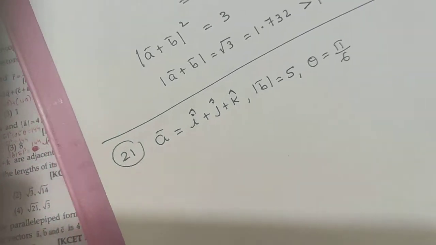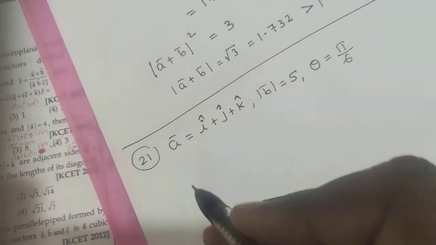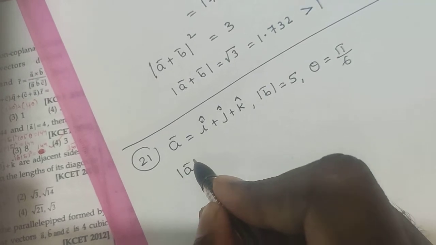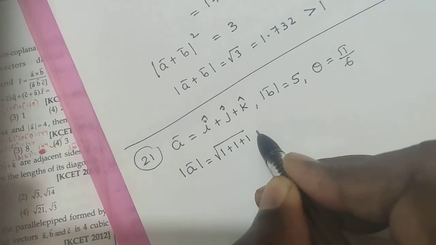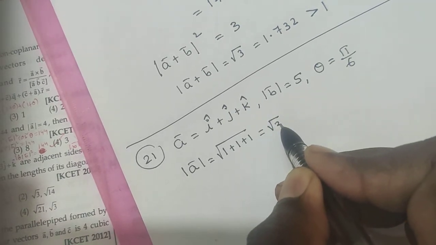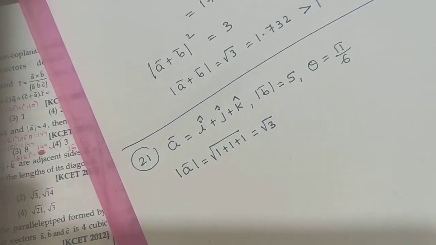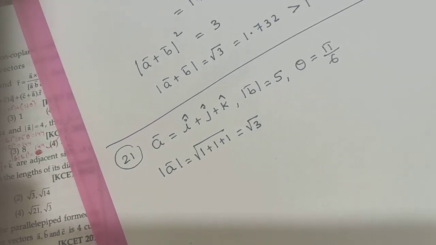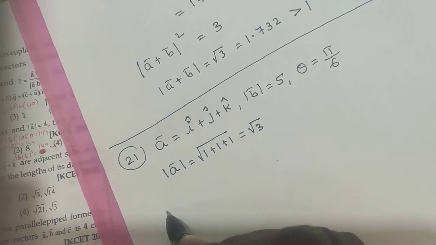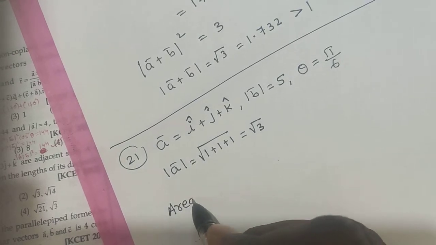From this given vector, I am finding the magnitude of this vector. Under root of 1 square plus 1 square plus 1 square, that is nothing but root 3. Next we need to find the area of the triangle. We know the formula for the area of a triangle.